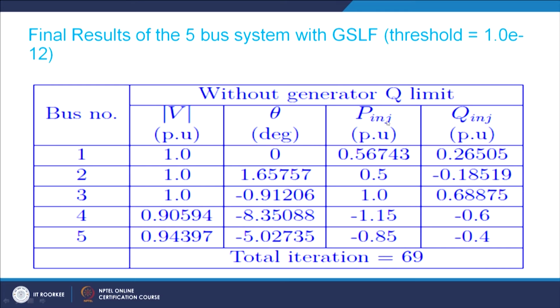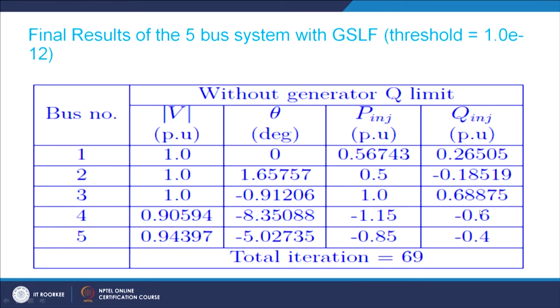So this real power injection would be 0.5 per unit and 1 per unit. And at the load buses, bus 4 and bus 5, please recollect that this load was 115 megawatt and 85 megawatt respectively. So this injected values would be minus 1.15 and minus 0.85.